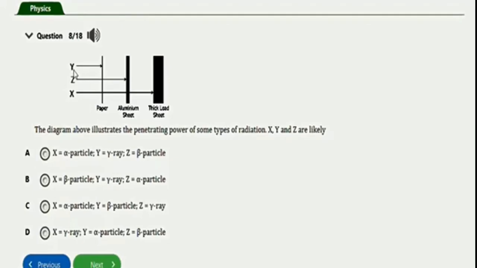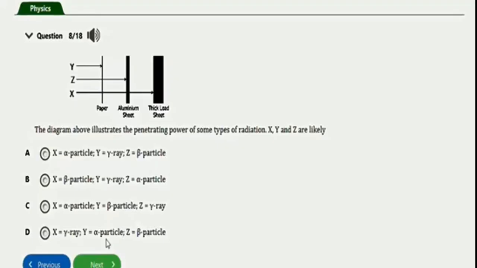Alright, so guys, the right option to this question will be this X is the gamma rays, which is this Y ray. The Z is the beta particle, so Z is beta and Y is alpha particle.